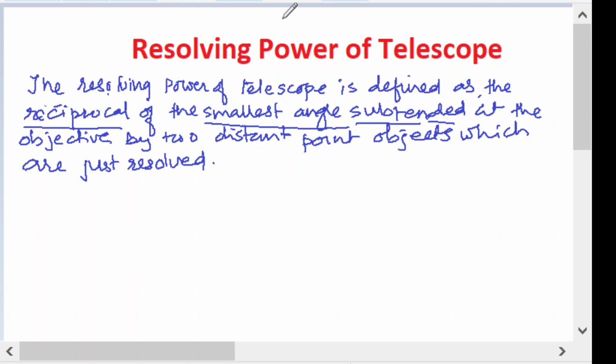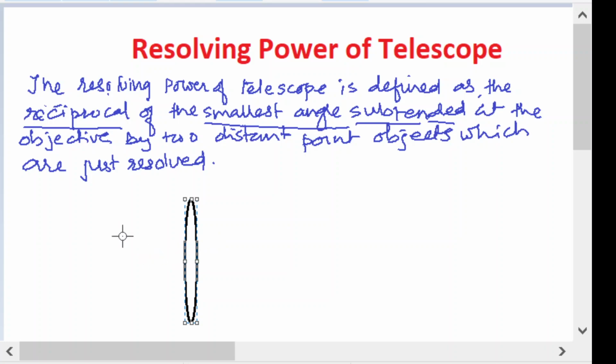For this purpose we will draw the diagram first, so that we can get a clear idea how the telescope works, and we can then find the resolving power of the telescope. Here I'll try to draw the objective. What is the objective? The lens used in the telescope which is near to the object is known as the objective.